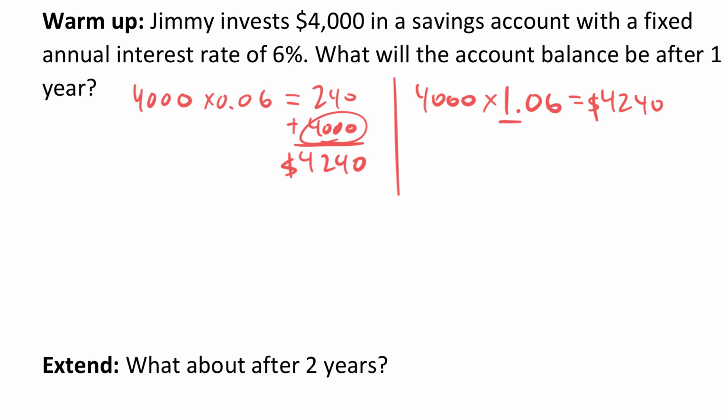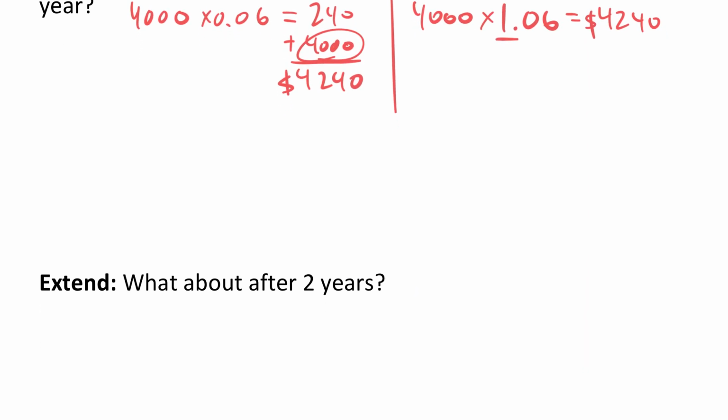Okay, seems simple enough. But what about after 2 years? What would the account balance be after 2 years? Here's where things get a little interesting. One group might argue, well, the interest was $240. So 1 year is 240. 2 years, I guess, would be 480, right?